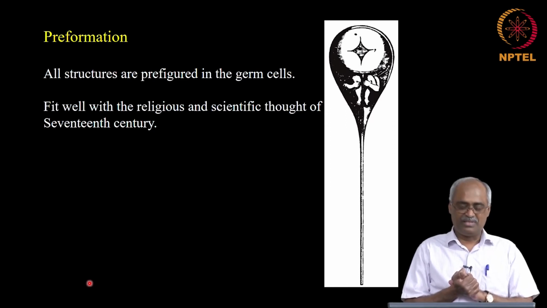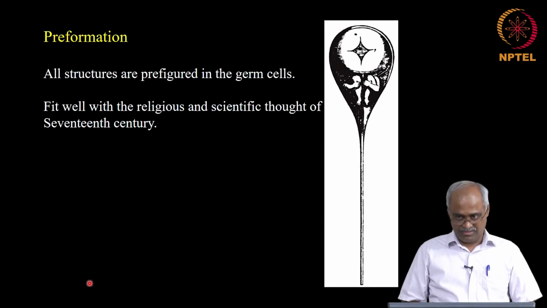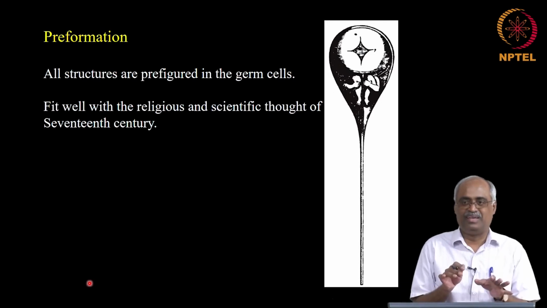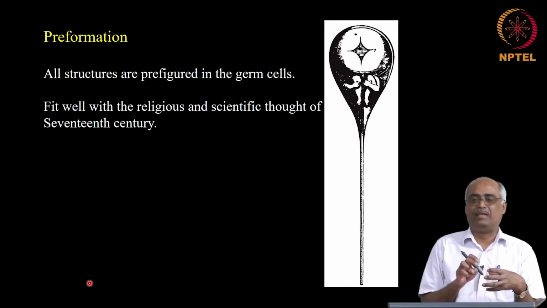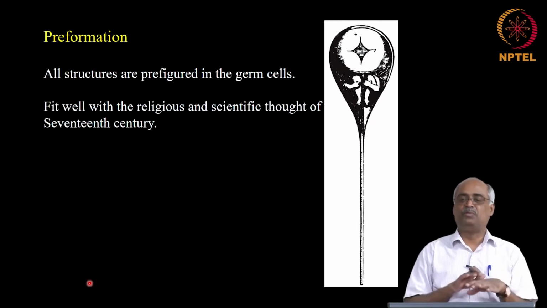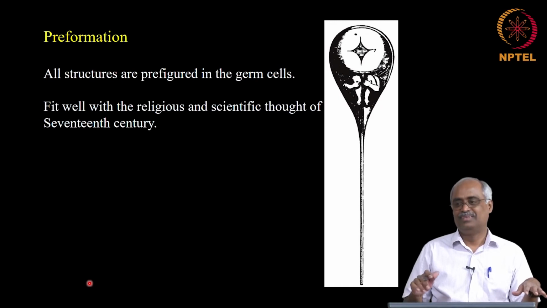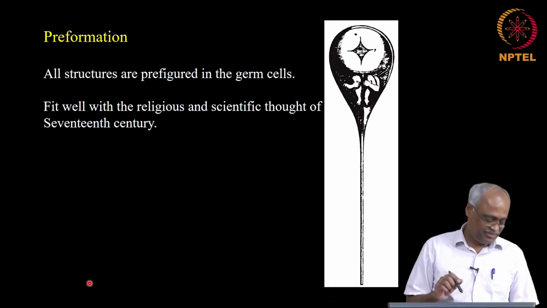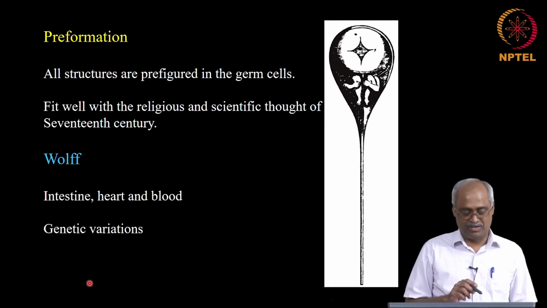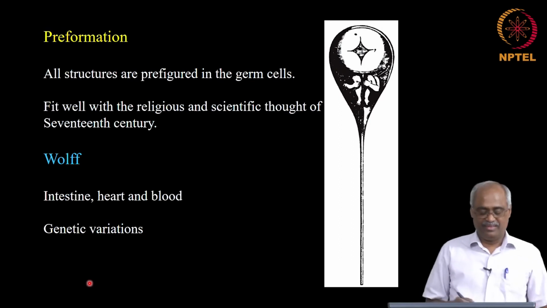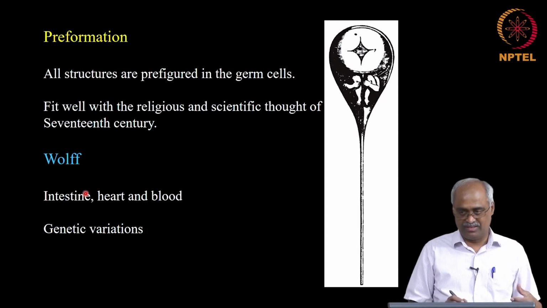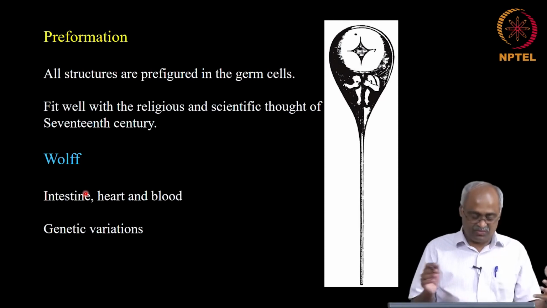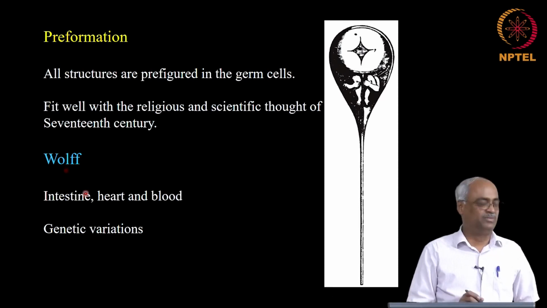And then when people started observing more realistically, without imagining what they were seeing in the microscope, they saw structures shaping, like tubes shaping from flat structures. All that made them think that preformation may not be true. All of this pretty much happened in Germany, because Germany is the place where early embryology took root.